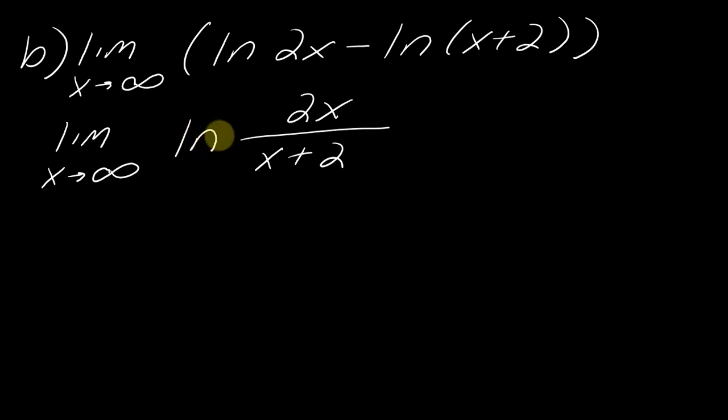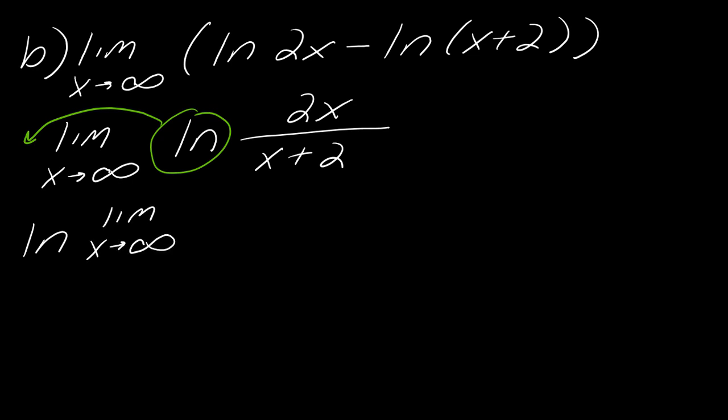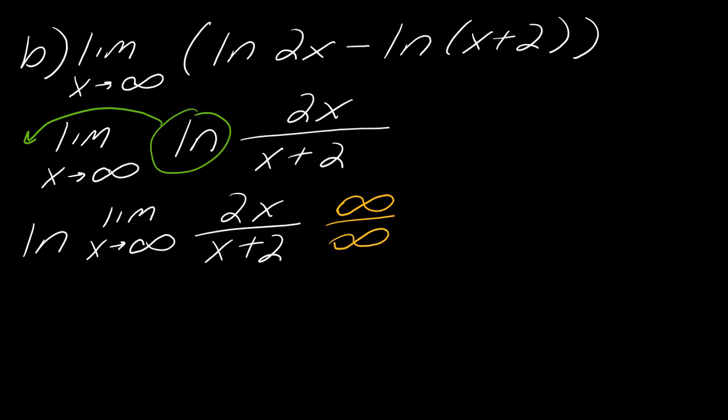So what I'm saying is we can move the natural log to the outside so that this becomes the natural log of the limit as x approaches infinity of 2x over x plus 2. And so now look at how clever this is, because now I get something that becomes infinity over infinity. And that's what I need to take L'Hopital's rule.